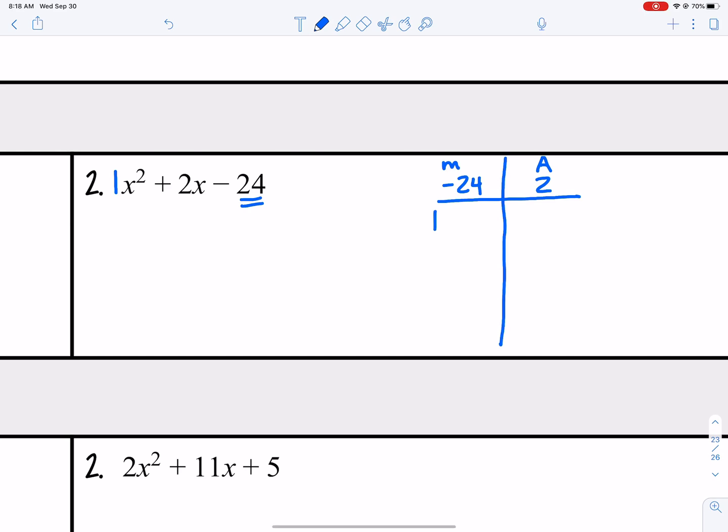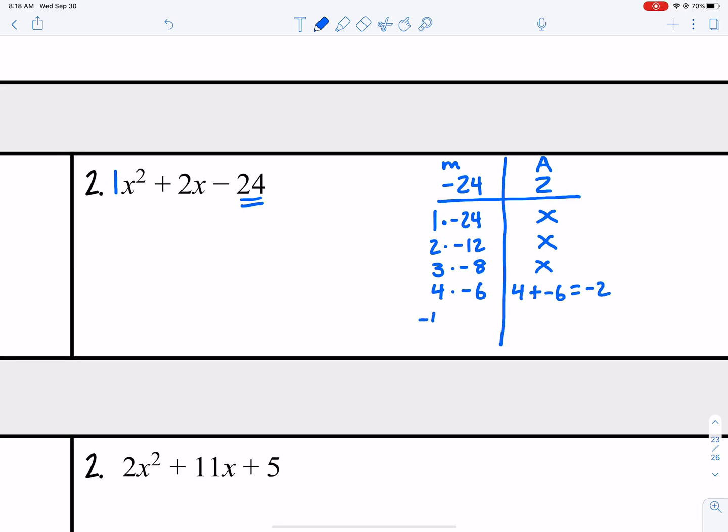So we have 1 times -24, but those would definitely not add up to give us 2. Then we have 2 times -12, which still doesn't add up to 2. Then 3 times -8, but those don't add up to 2 either. We have 4 times -6, and 4 plus -6 would give us -2, so we're close.